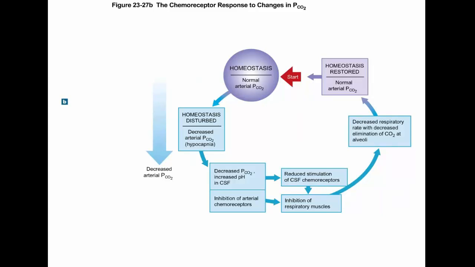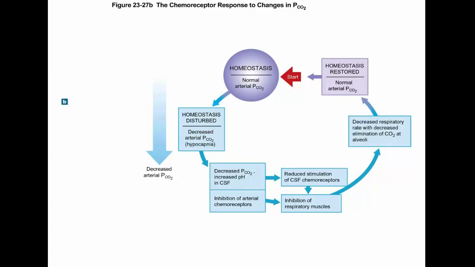This causes an inhibition of the arterial chemoreceptors. This in turn causes an inhibition of the respiratory muscles, and also the CSF, which has been altered, causes a reduction in the stimulation of the CSF chemoreceptors. So together they result in the inhibition of respiratory muscles.